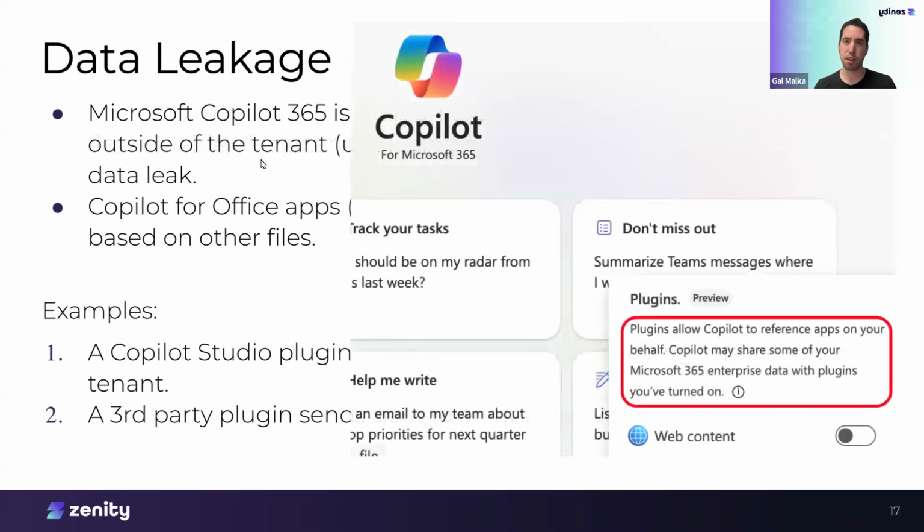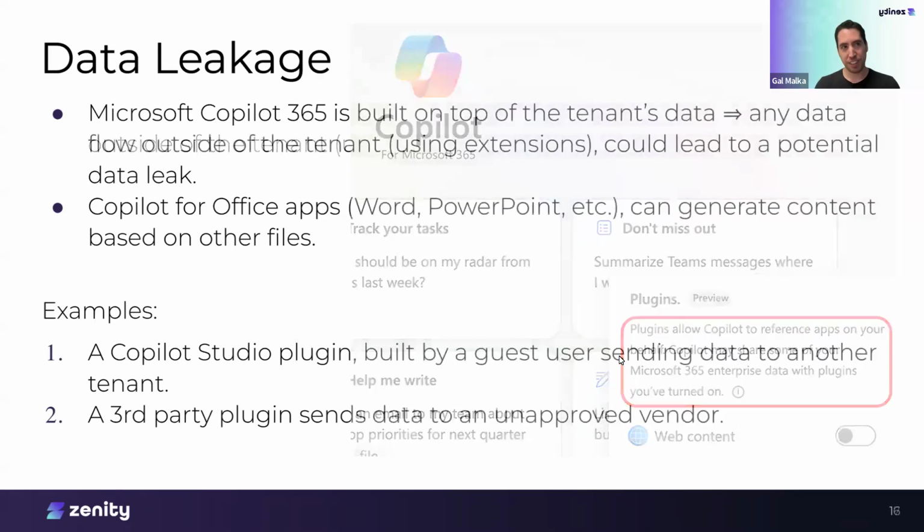Just as an example, this is the main interface of Microsoft 365 Copilot, and we can see this disclaimer from Microsoft saying that if you turn on plugins, you may share some of your enterprise data with them. So this is a big deal.